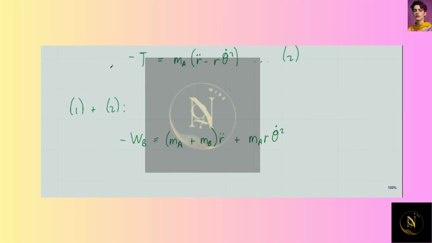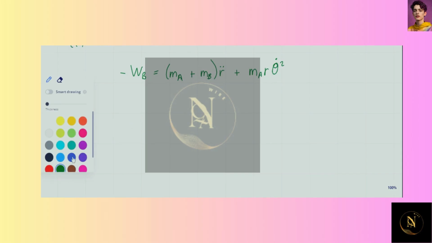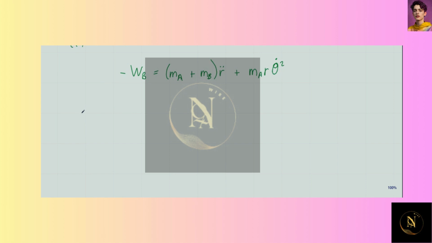And so what we want to calculate is first the tension and also the acceleration of A relative to the rod. So the first thing to calculate, the acceleration of A relative to our rod, is simply R double dot.